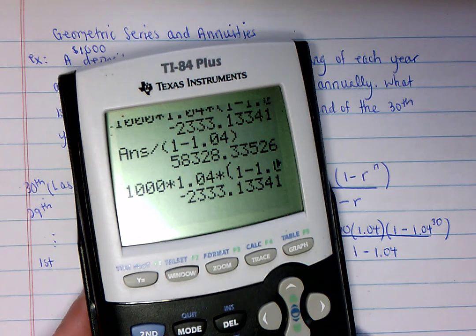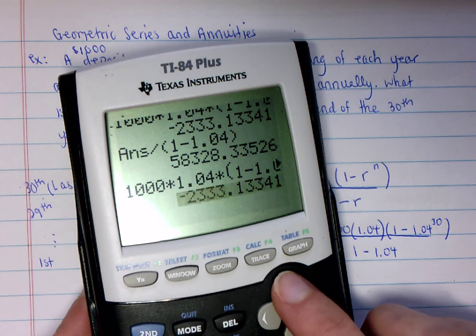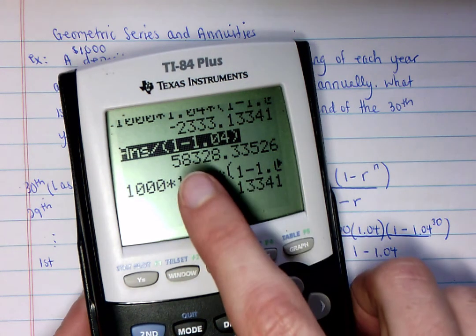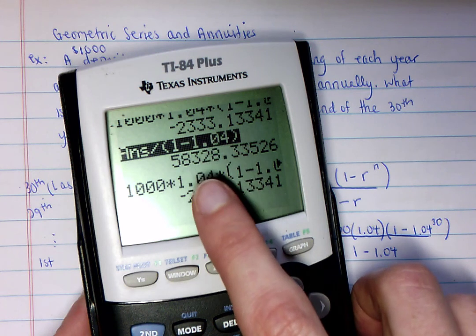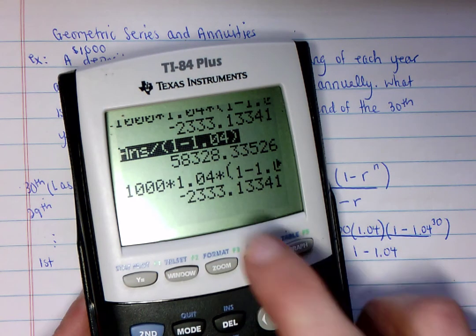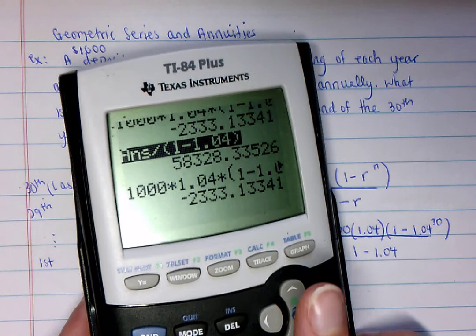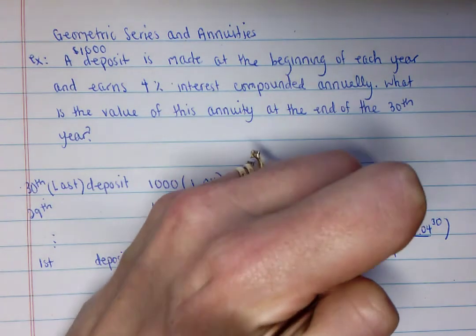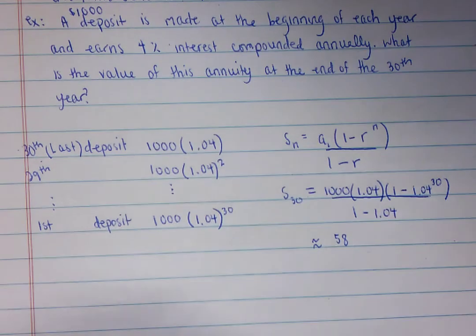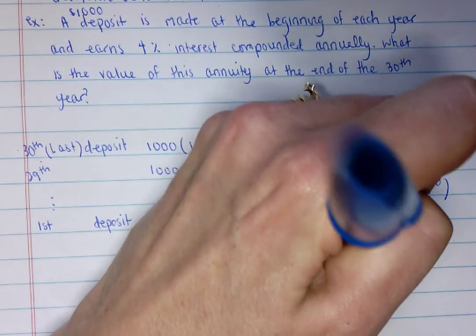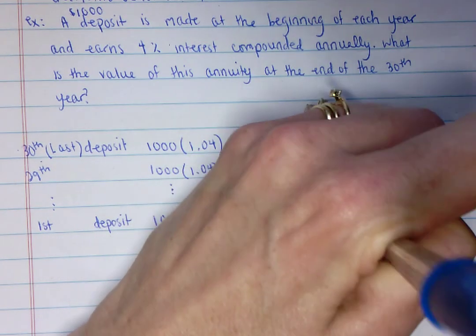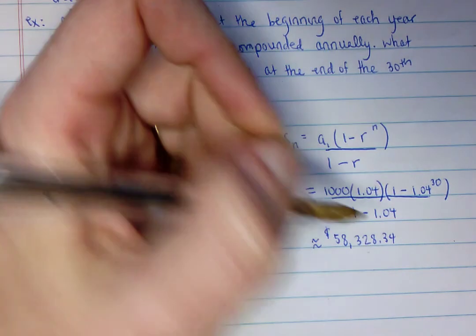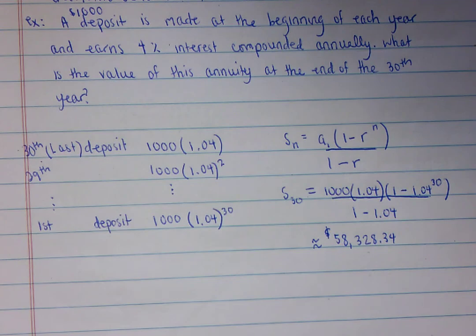And then I took that answer and divided it by, in parentheses, 1 minus 1.04. And I got approximately $58,328.34. So that's the value of the annuity.